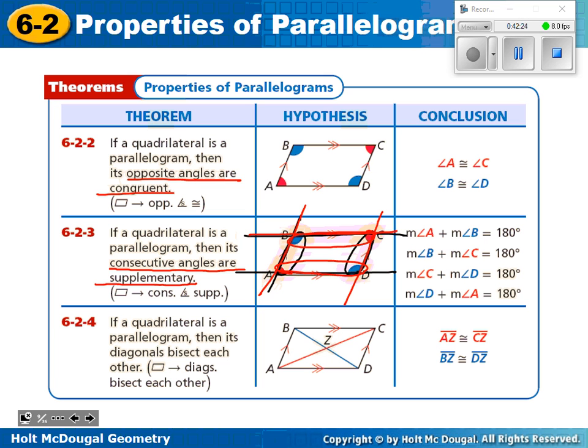So any two consecutive angles are really a pair of same side interior angles, and so they're always going to be supplementary, same side supplementary. So the fourth property of a parallelogram is that consecutive, C-O-N-S-E-C, consecutive. Consecutive angles are supplementary.